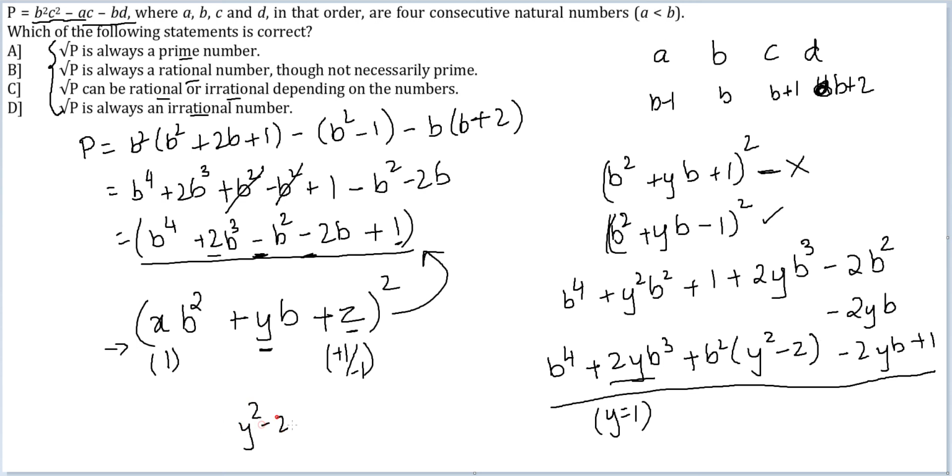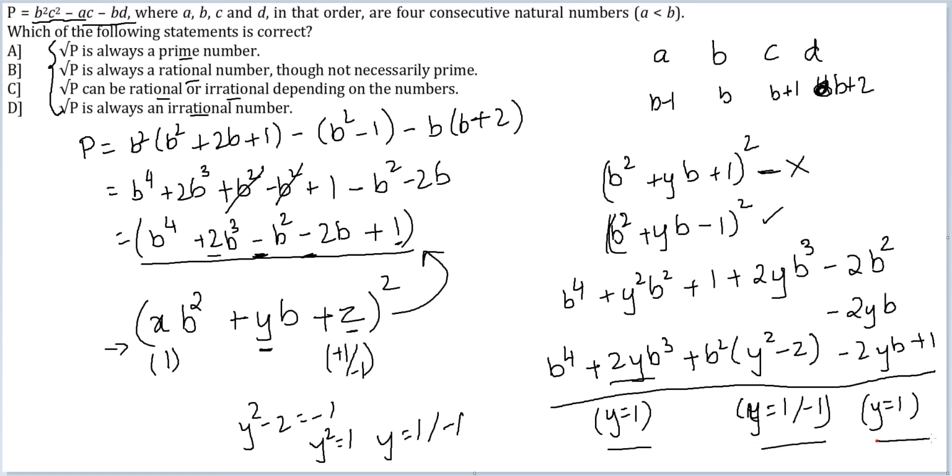If y square minus 2 is equal to minus 1, y square is equal to 1, or y is equal to 1 or minus 1. Let's look at the coefficient of b. Here you have minus 2, here you have minus 2y. Again, the potential value of y that you get is 1. Now what value of y will satisfy all these three cases?